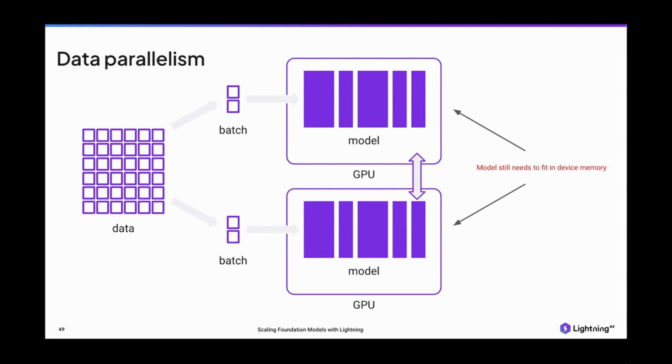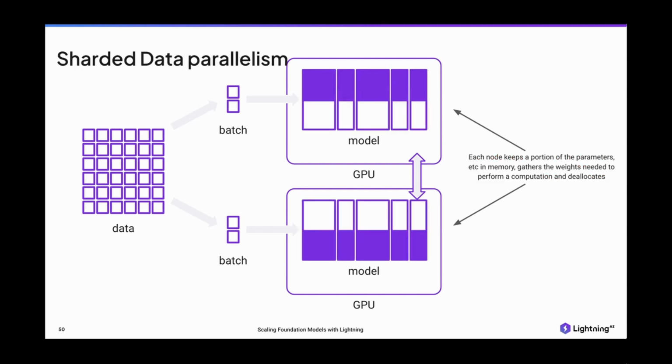And of course, the model still needs to fit in the device memory. But then that's when sharded data parallelism comes in. So you basically say, okay, GPU A, you have only half of the parameters that you own, and whenever you need to compute whatever you need to compute, and you need the other half, you will ask the other model to give it to you.